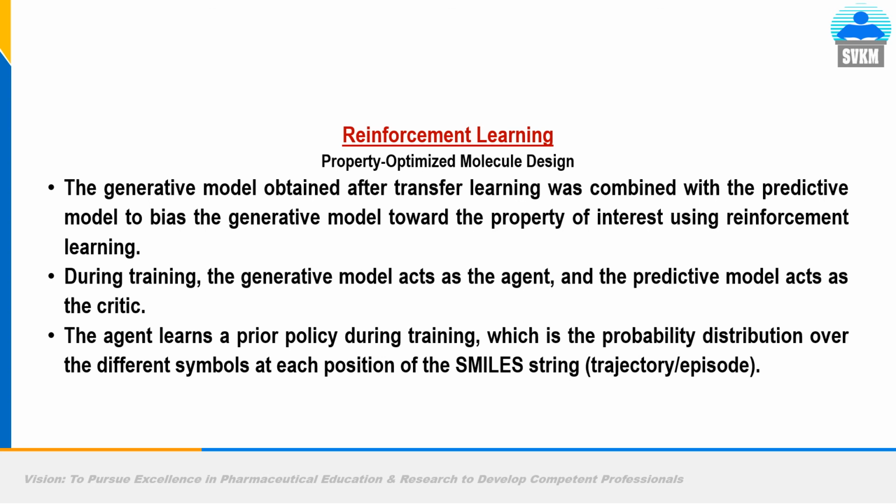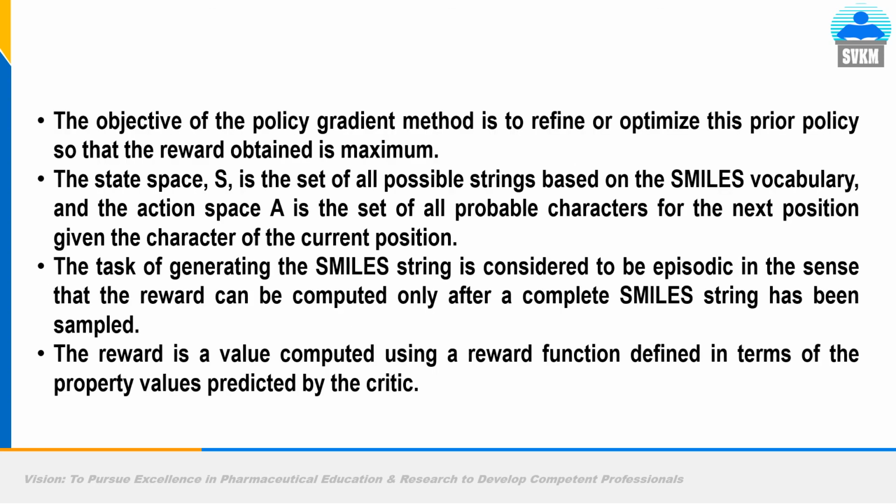The agent learns a prior policy during training, which is the probability distribution over the different symbols at each position of the SMILES string. The objective of the policy gradient method is to refine or optimize this prior policy so that the reward obtained is maximum. If the reward is more and more, it means your training is going toward more drug-like molecules rather than non-drug-like molecules.